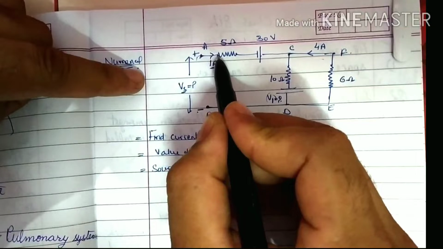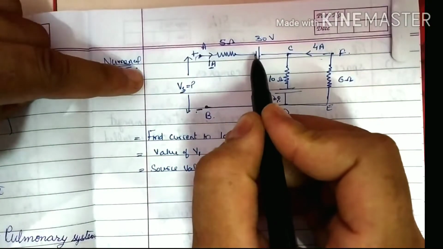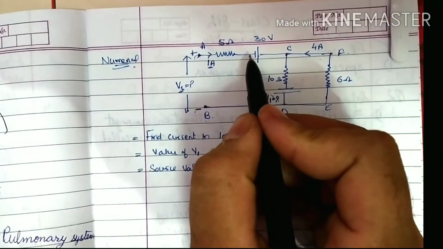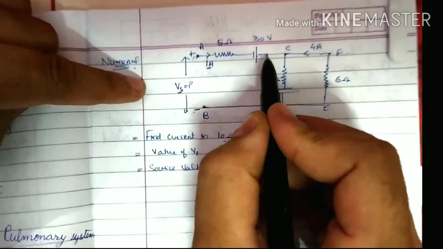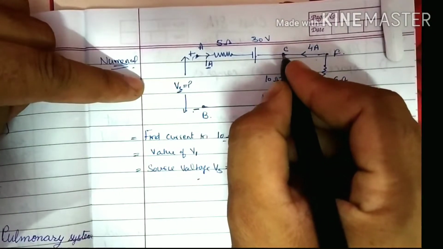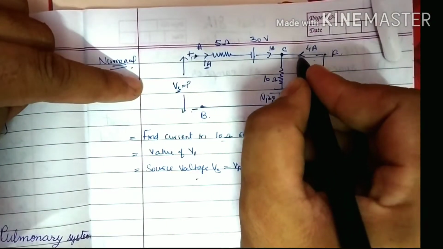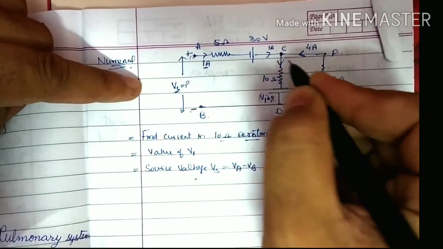1 ampere current is flowing. In a closed circuit there is only one type of current. So here 1 ampere current is flowing, then here 1 ampere current will reach, and from here 4 ampere current is coming. Then this current will pass through this arm, the CD arm.